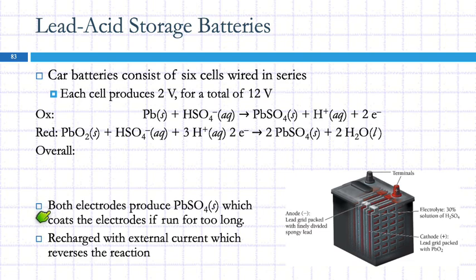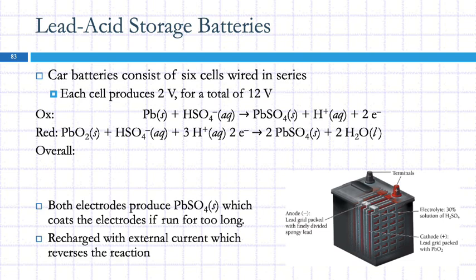What's interesting here is that both electrodes produce solid lead sulfate. So the oxidation, which is at the anode, is making lead sulfate, and at the cathode, the reduction reaction is also making lead sulfate.